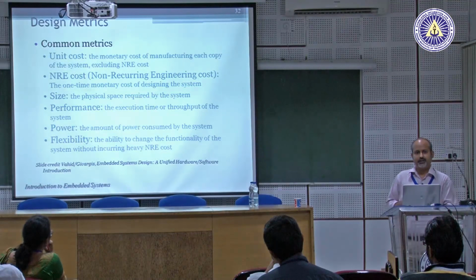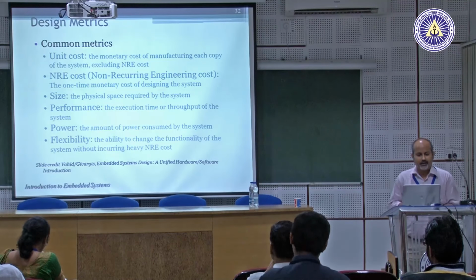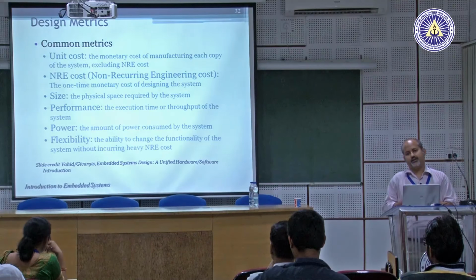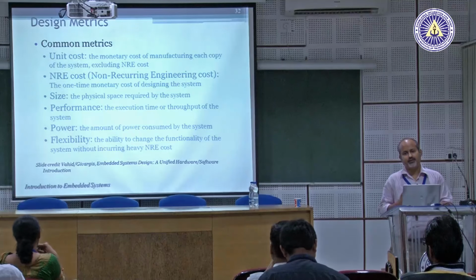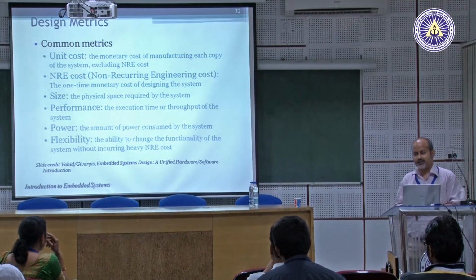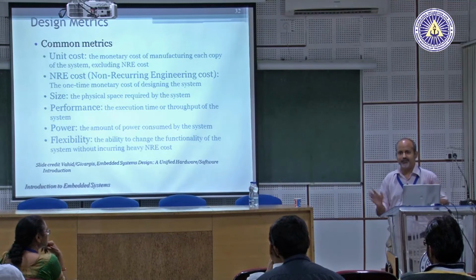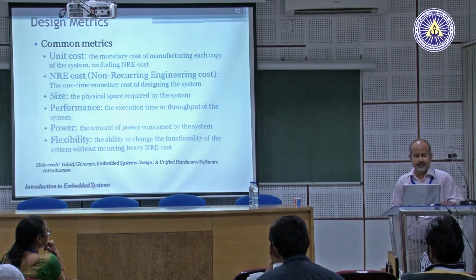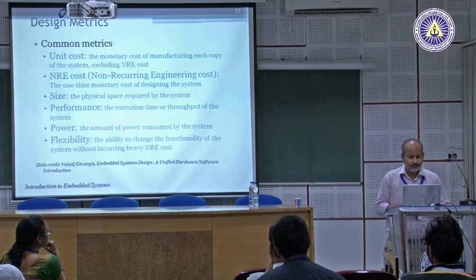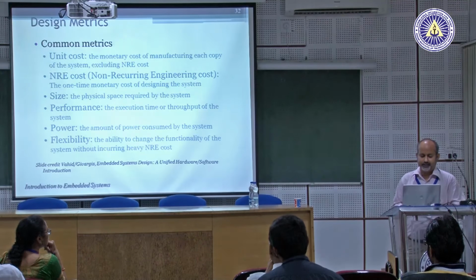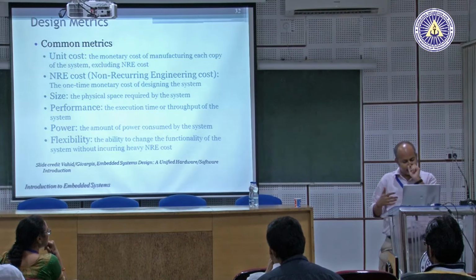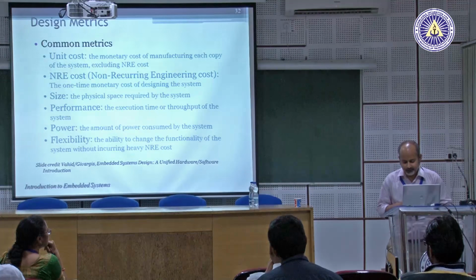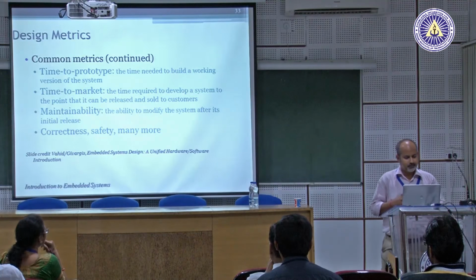So unit cost as well as non-recurring cost, and the non-recurring cost includes the software, because once you develop the software, you can put in as many copies as you want. Then size, obviously performance, power, and flexibility. Some systems might require you to reprogram the system quickly, so you need flexibility and so on.